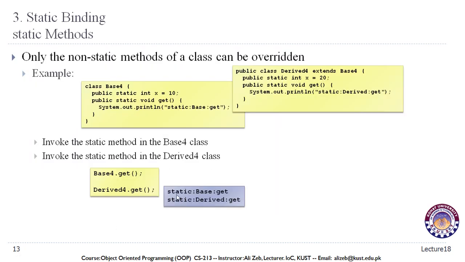And you can check the effect of this static keyword. If you remove the static keyword from the superclass and try to run the same example again, we'll see the difference between using the static keyword and not using it.